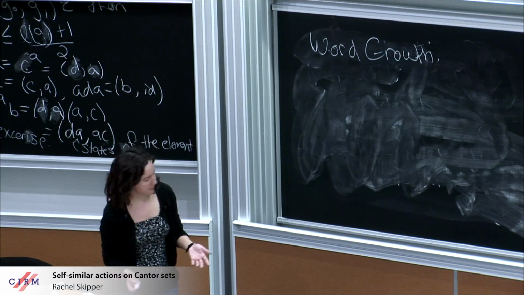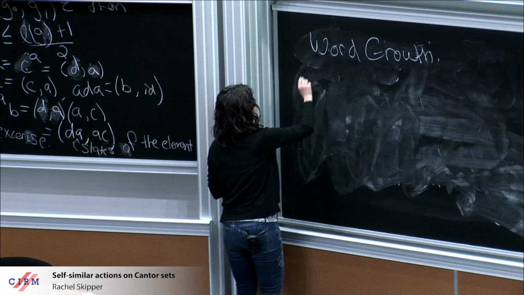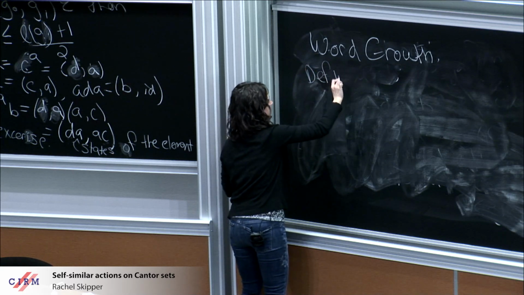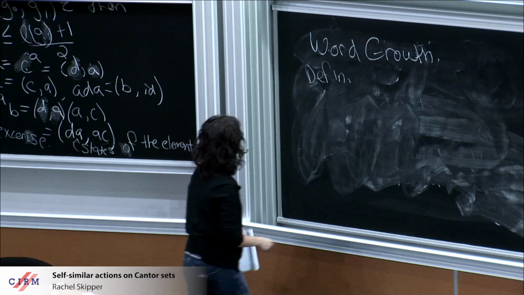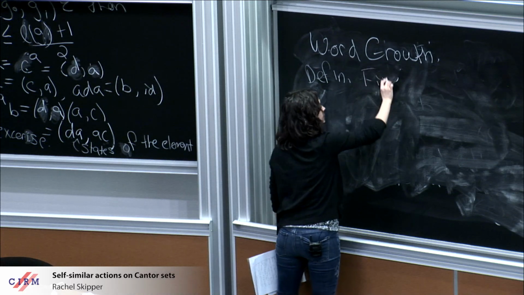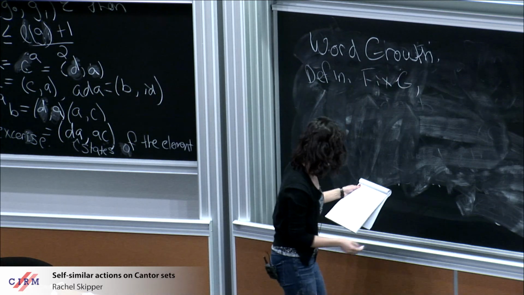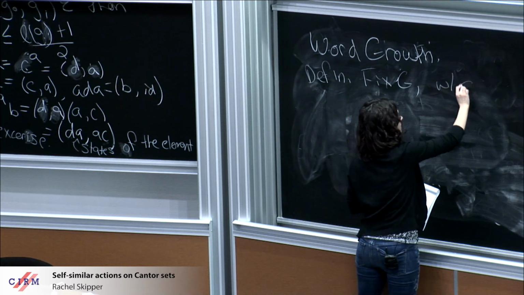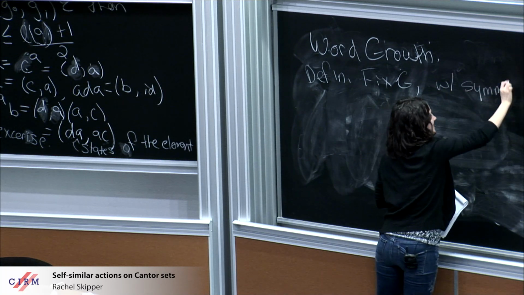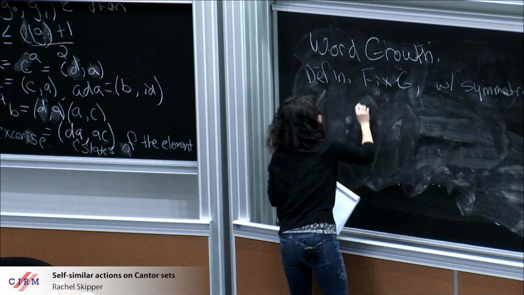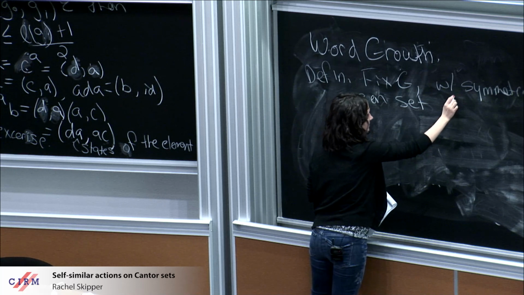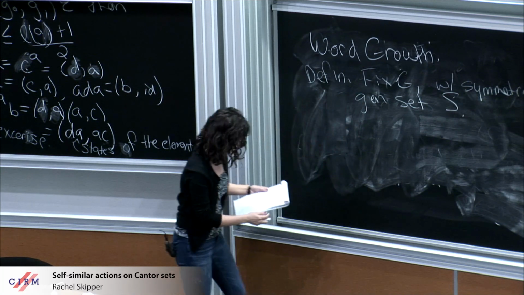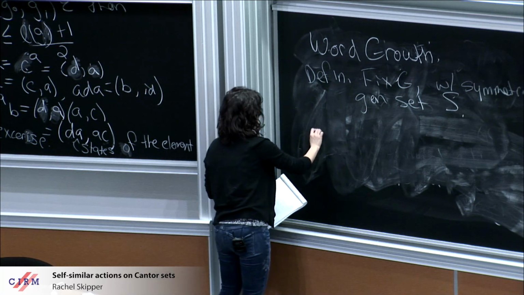So let's talk about what we mean by word growth. Some definitions here. Again, we're going to fix a group G with a symmetric generating set S. And then we can talk about the ball of radius k.